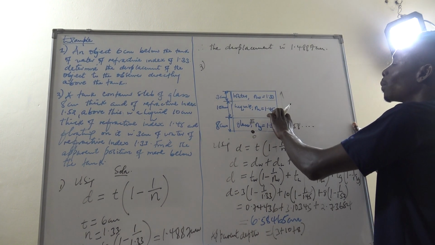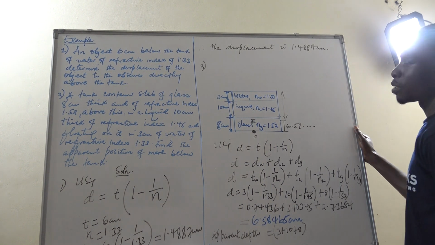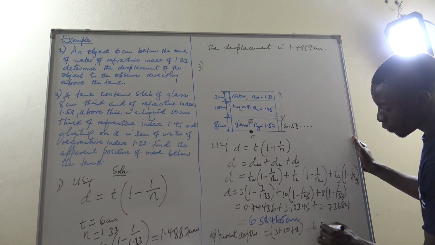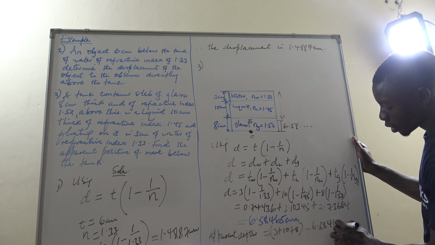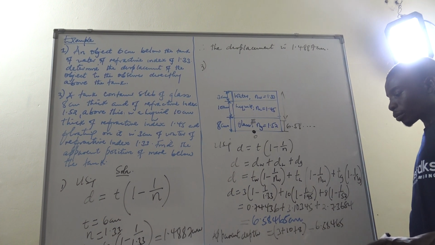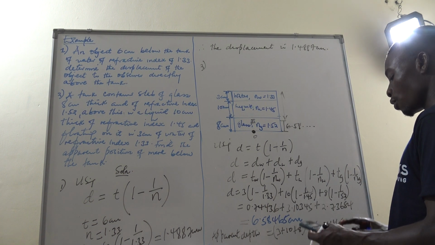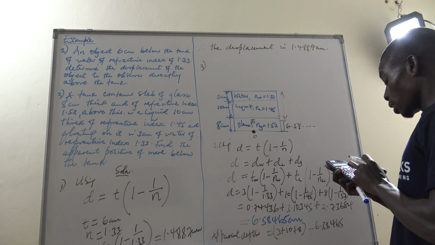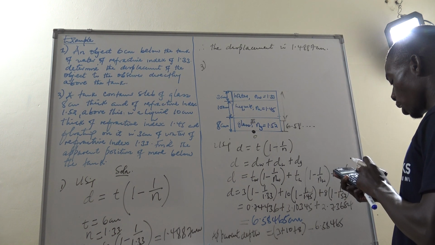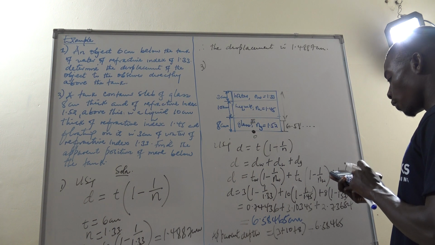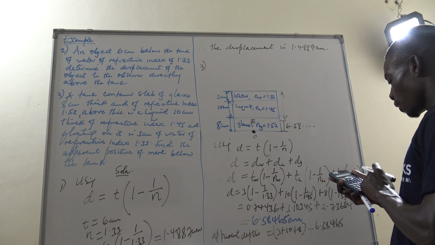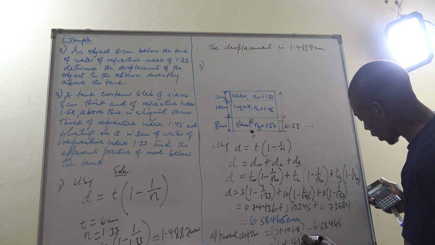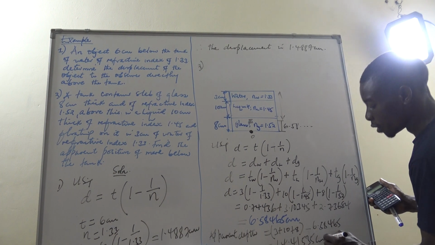The total depth is 3 plus 10 plus 8. And then subtract away the displacement to remain with the apparent depth or apparent position, minus 6.58465. So basically that will give you 21, subtract away 6.58465, and you're going to get 14.41535 centimeters.